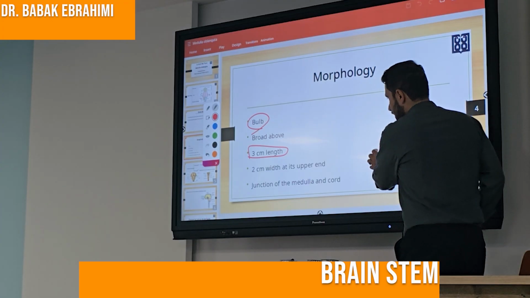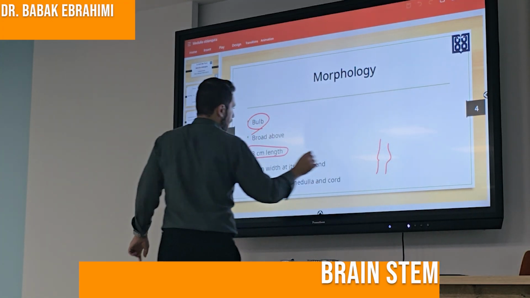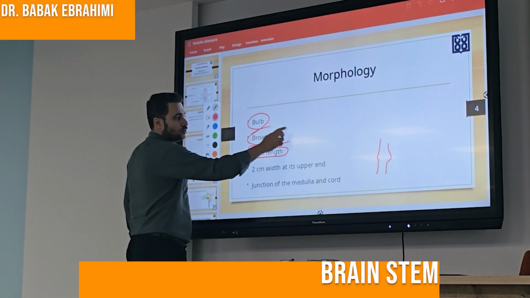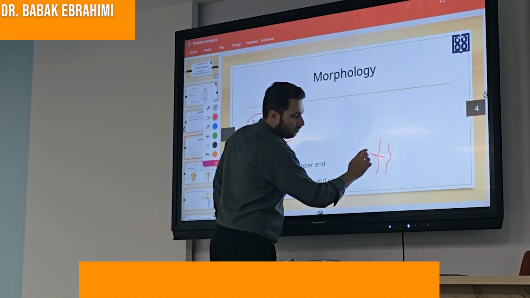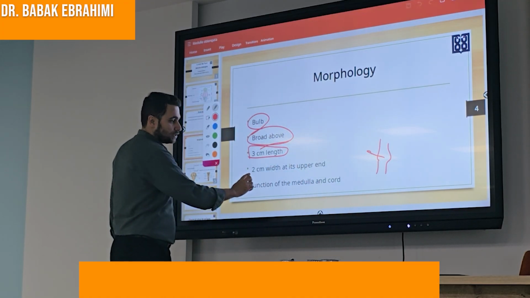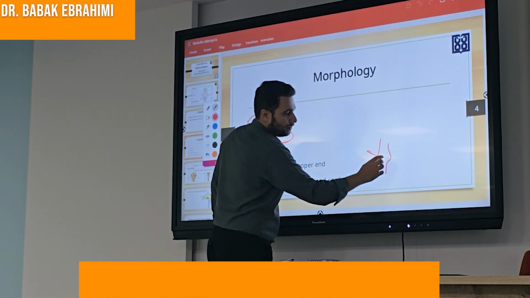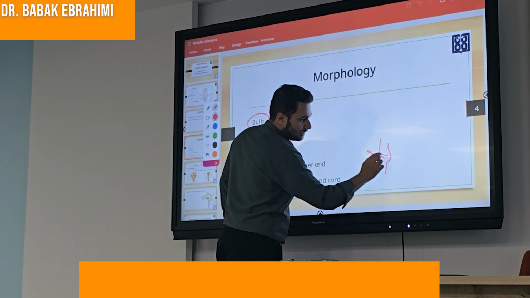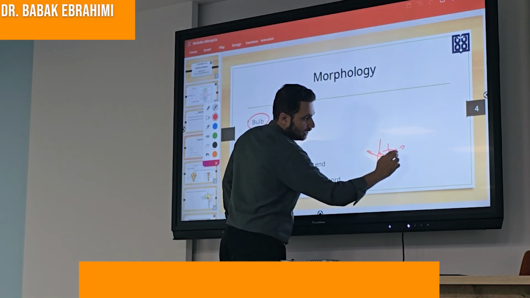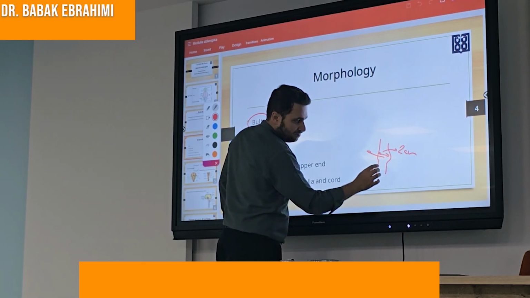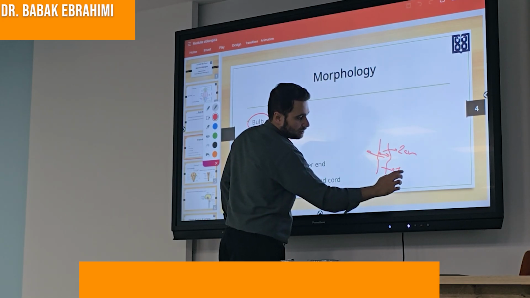The superior part is broad, and it has 2 centimeter width at its upper end. So it is, for example, 2 centimeters, and the inferior part is, for example, 1 centimeter.